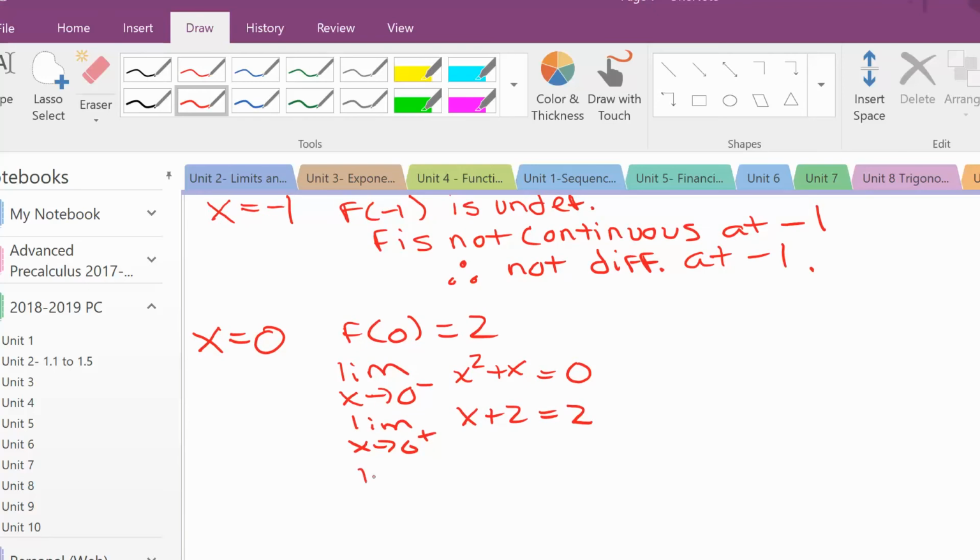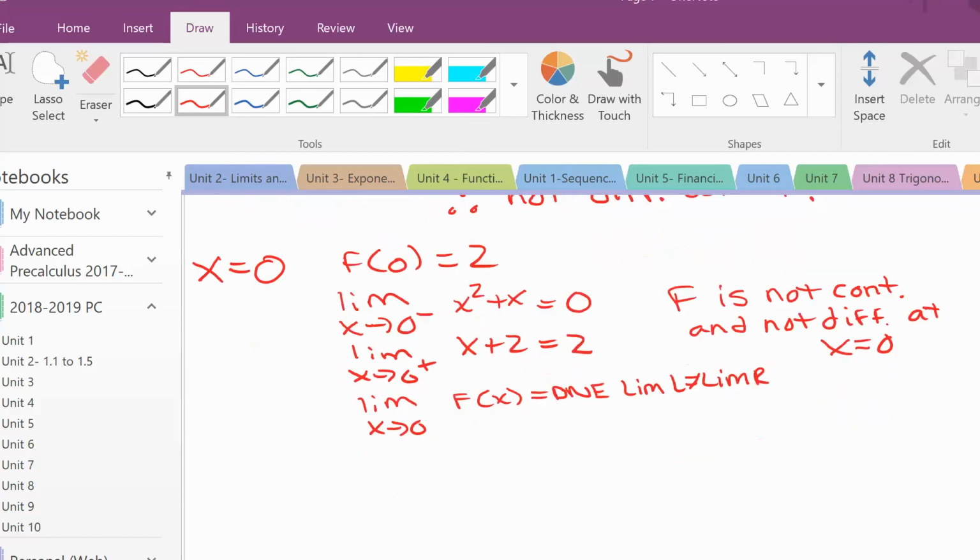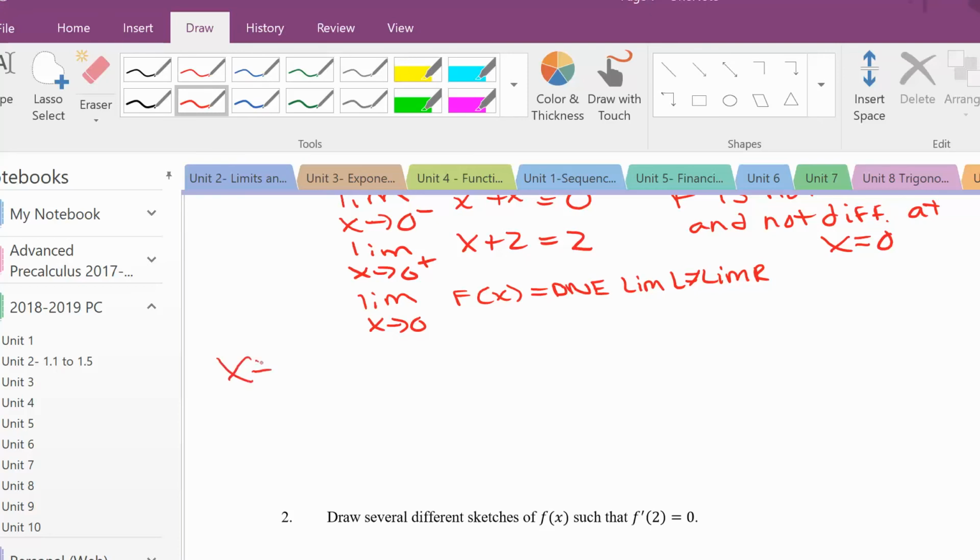So therefore, the limit as x approaches 0 of the function does not exist. Remember, because limit from the left does not equal limit from the right. So therefore, f is not continuous and not differentiable at x equals 0.